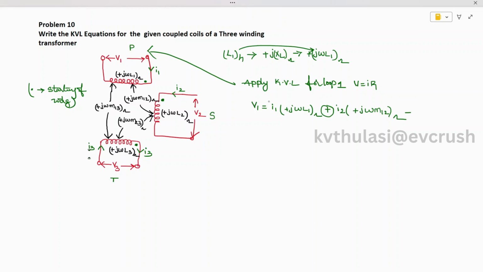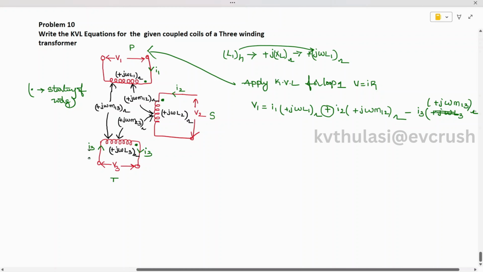So here the current in this coil is I3, and I3 into minus j omega M13 ohms.